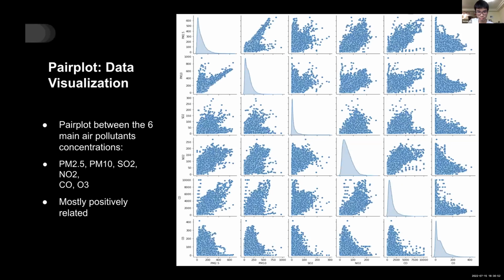This is the dataset after we visualize it. It shows the pairwise plots between the 6 main air pollutant concentrations, which are PM2.5, PM10, SO2, NO2, CO, and O3. In this graph, it shows that they are mostly positively related to each other.